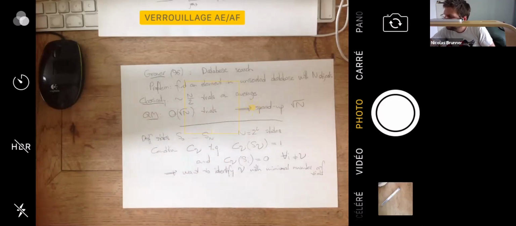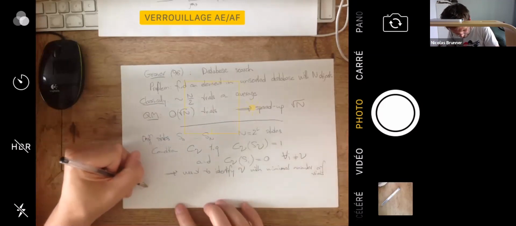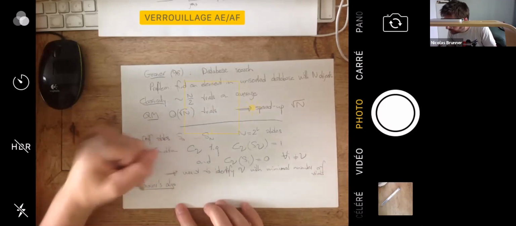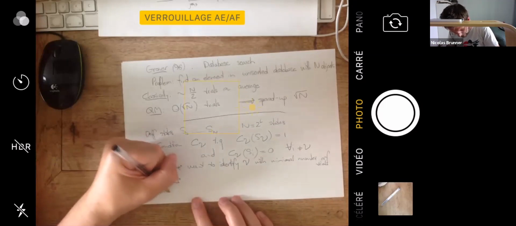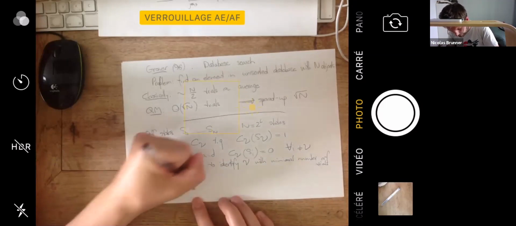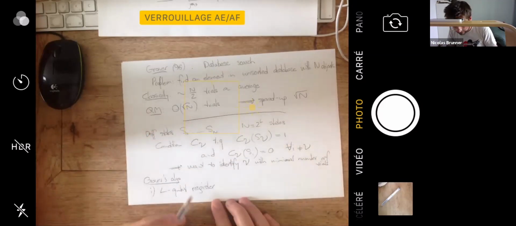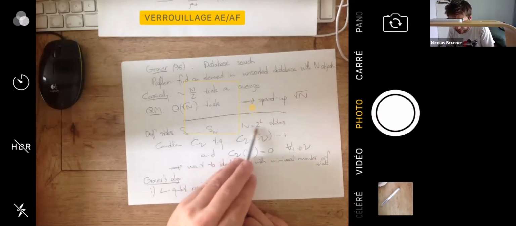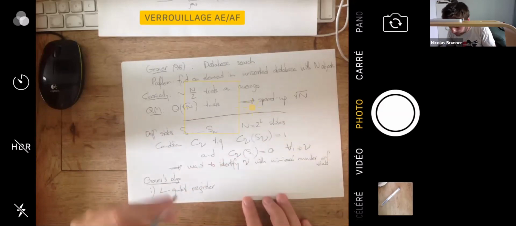Okay, so here is how Grover's algorithm works. First we have an L qubit register. That's why we needed the number of states to be a power of 2, because then it's more convenient.